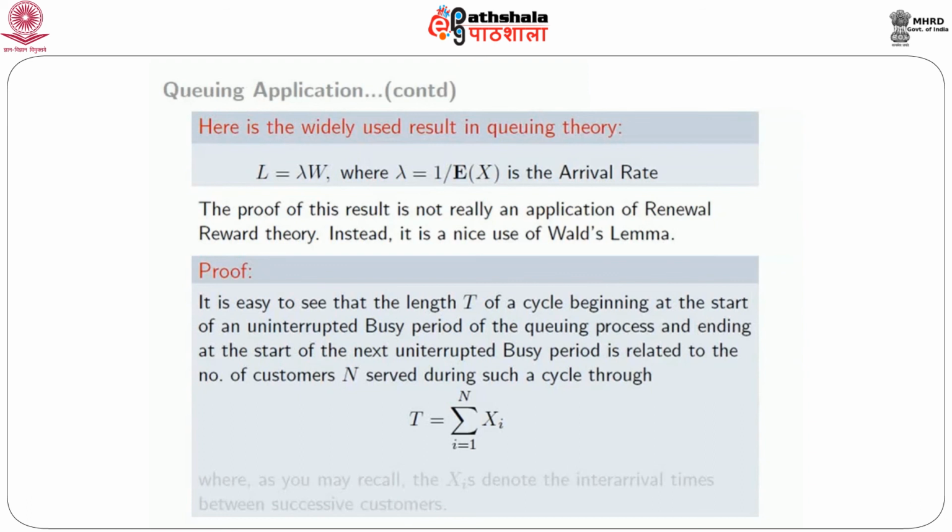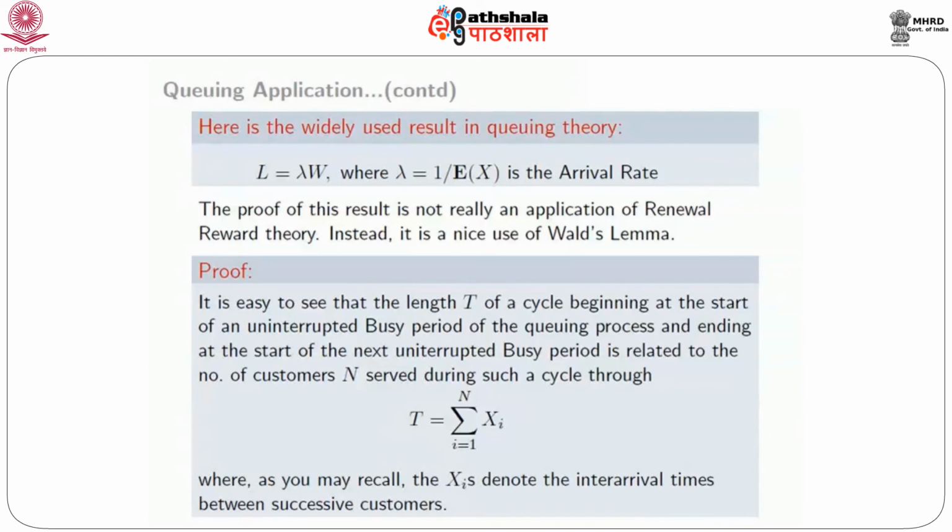It's easy to see that the length T of a cycle, beginning at the start of an uninterrupted busy period of the queuing process and ending at the start of the next uninterrupted busy period, is related to the number of customers N served during a cycle through this relationship: T equals the summation from i equals 1 to capital N of Xi, where remember Xi denotes the inter-arrival times between successive customers.